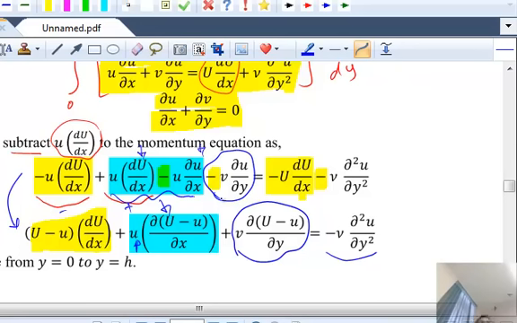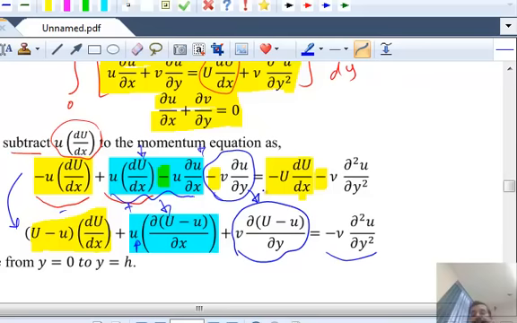Is that valid? Is that legitimate? I have basically taken this term and replaced it by this, and I'm claiming that they are the same, right? When will they be the same? If capital U is not a function of y, what happens? When you take the partial derivative of that, it will become 0, right? So if capital U is not a function of y, that will be true. But is that correct? Is capital U not a function of y?